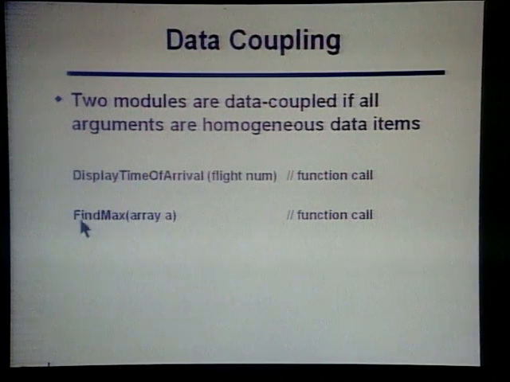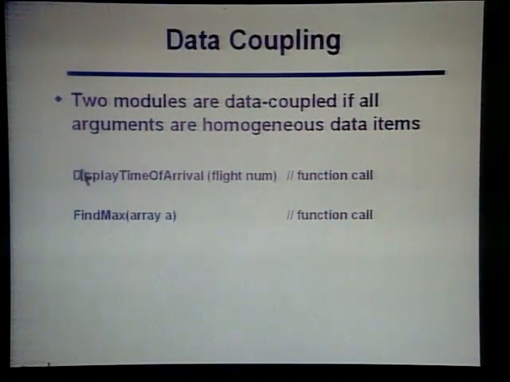Here you can see the calling module passes a complete data structure, an array, to the second module. The second module is going to find the maximum value in that array, which means the whole array will be used by the second module.